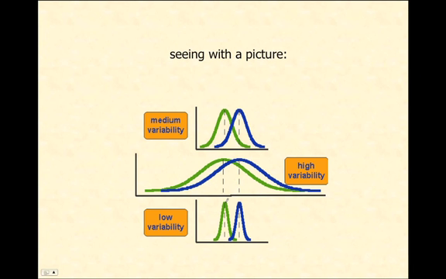So let's try seeing this with a picture. Another way to think about effect size and the magnitude of the differences in two distributions is to look at some different graphics that show the shapes of distributions. If we have distributions with medium variability, something more akin to the normal distribution you may have seen in a number of different graphics, we can see that the degree of overlap is moderate.